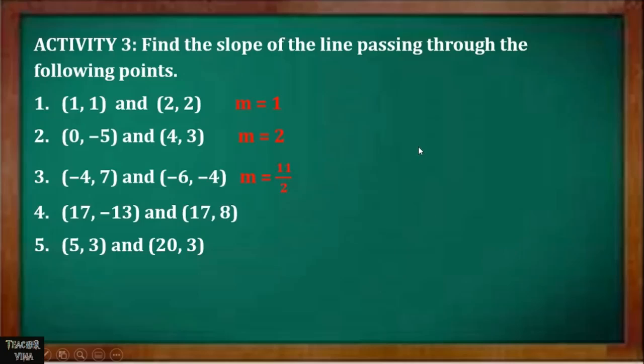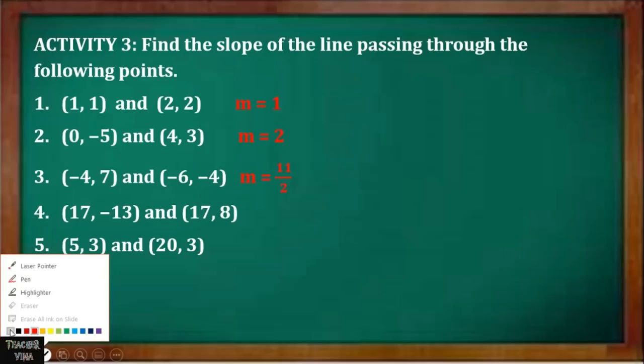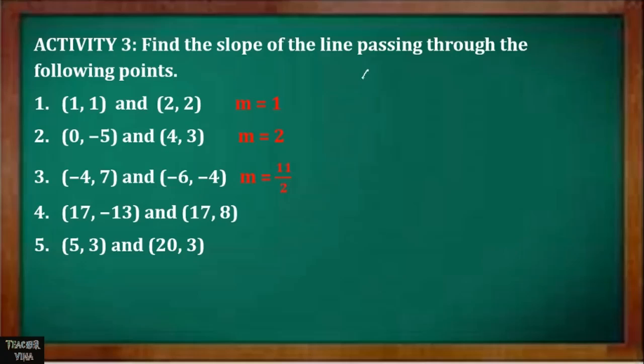Now, for number 4, okay, so we have the given points, 17, negative 13, and then 17 and 8. So, let's use the formula. Y sub 1 minus y sub 2 over x sub 1 minus x sub 2.